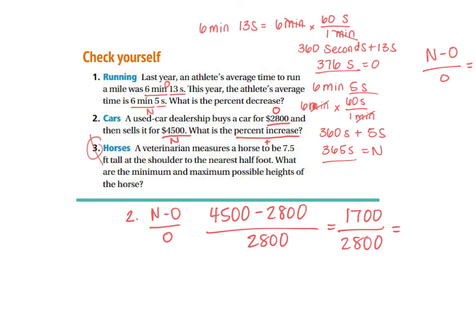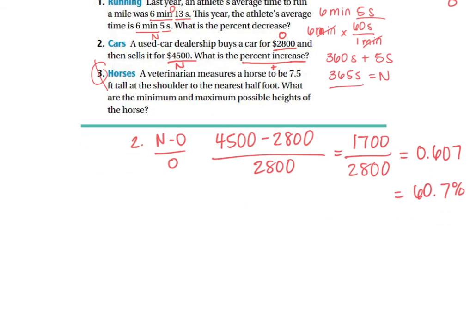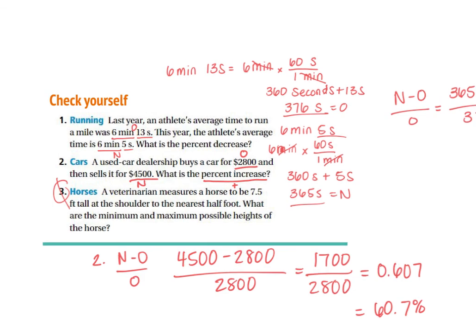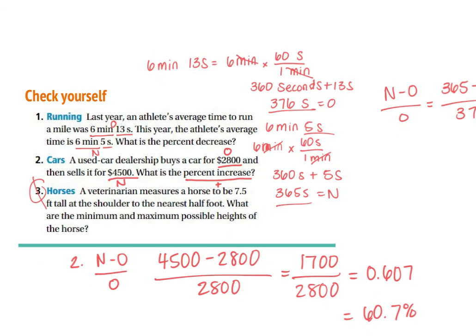That's a large increase at 0.607, which is the same as a 60.7% increase. We got that one right too. If you are getting these, awesome. It's only a matter of applying the n-o-o formula: new minus old divided by the old.